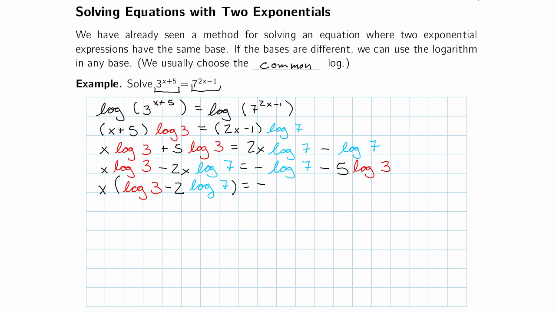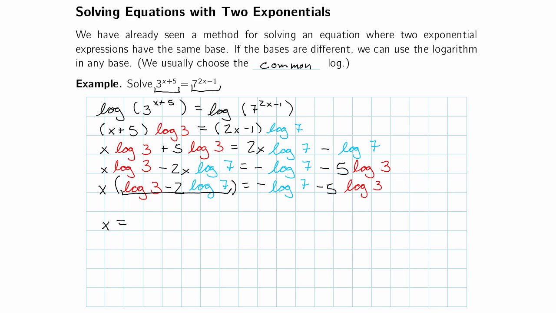And the right-hand side, there's nothing to do at this step. And then this whole expression is just some number. It's a real unpleasant number, but it's just a number. And so we're going to divide both sides by that.